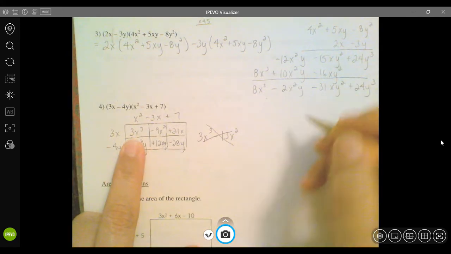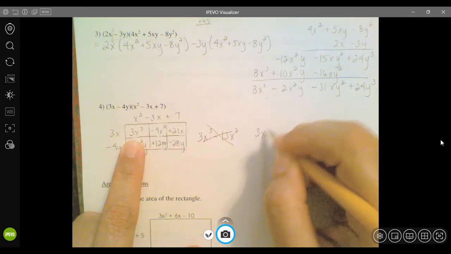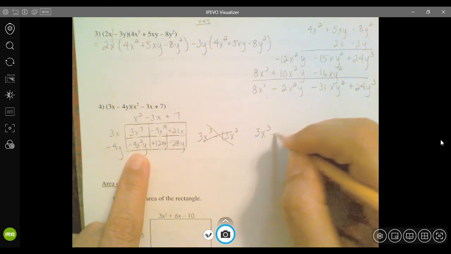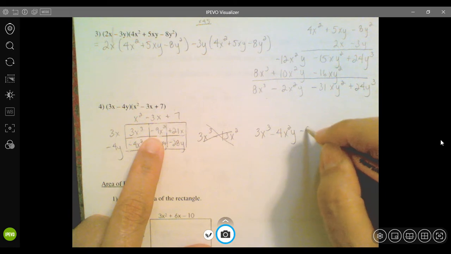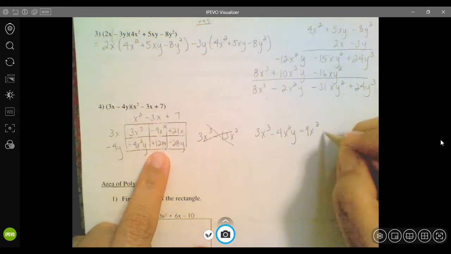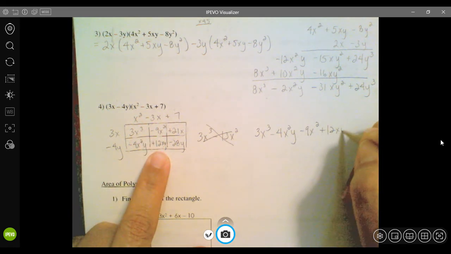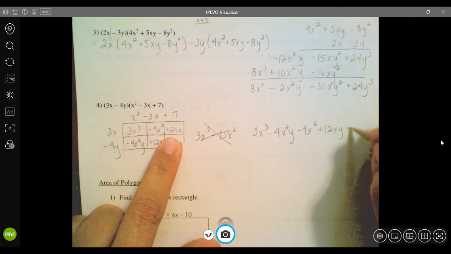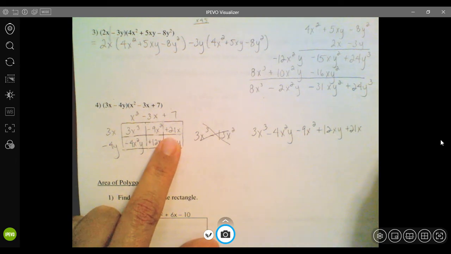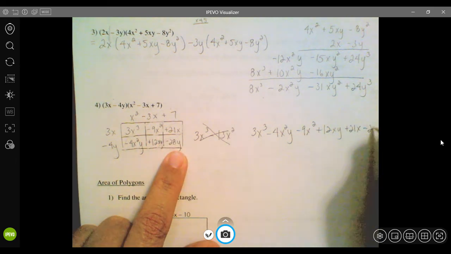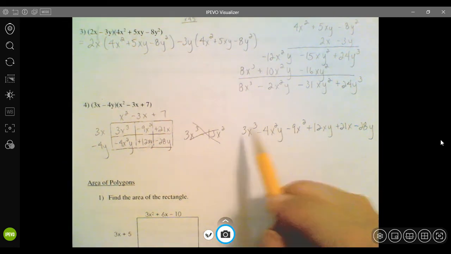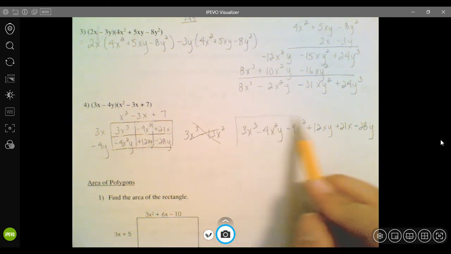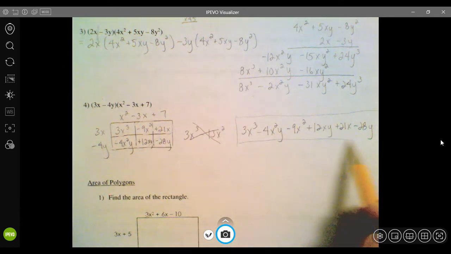We have to do every term. 3x cubed minus 4x squared y minus 9x squared plus 12xy plus 21x minus 28y. Dang, this is my final answer.